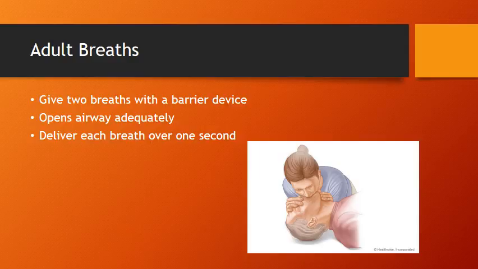To do this, first make sure we're opening the airway adequately by using a head tilt chin lift maneuver or jaw thrust, delivering each breath over a period of 1 second, making sure that the victim's chest rises. This ensures that we deliver breaths adequately.